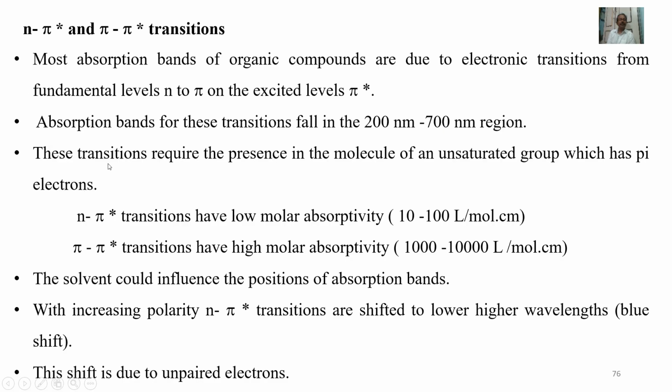These transitions require the presence in the molecule of an unsaturated group which has pi electrons. n to pi star transitions have low molar absorptivity, 10 to 100 liters per mole per centimeter. Pi to pi star transitions have high molar absorptivity, 1000 to 10,000 liters per mole per centimeter.